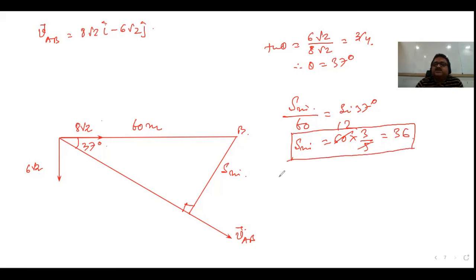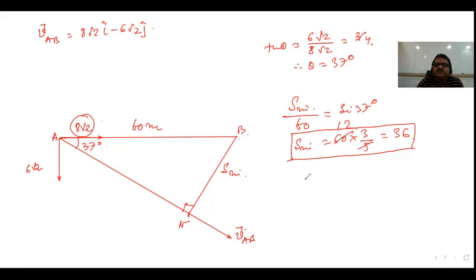So this is the minimum separation. Now the second part is the time after which the separation is minimum, and we can find it out very easily. Suppose this point is A, this point is N, and look at this separation: base by hypotenuse, correct?